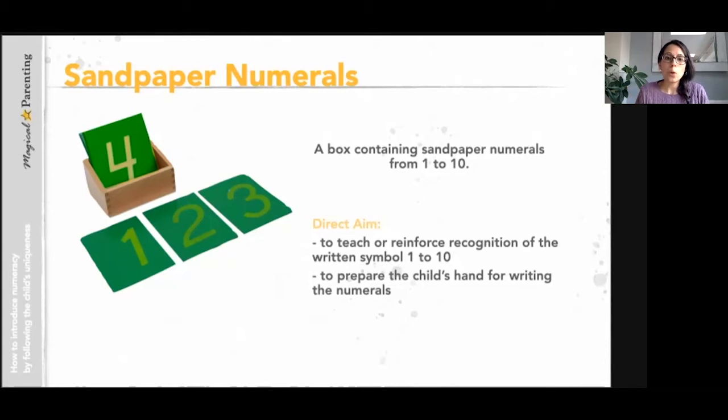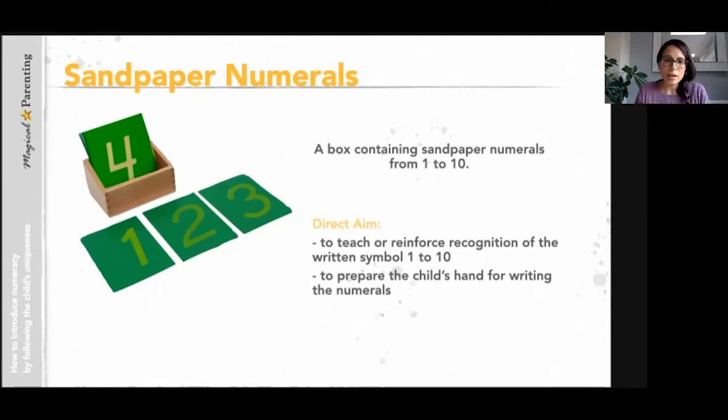It consists of a box containing sandpaper numerals, because when you touch them, you can feel the shape of the number with your finger, with a sandpaper kind of feeling. And they are from 1 to 10.